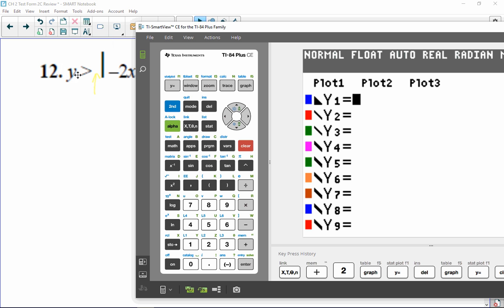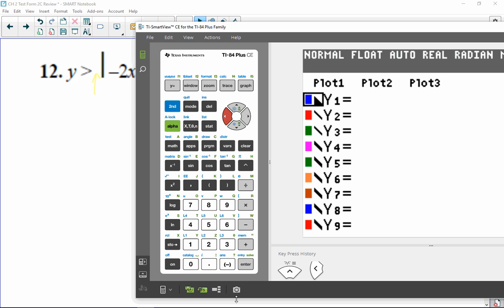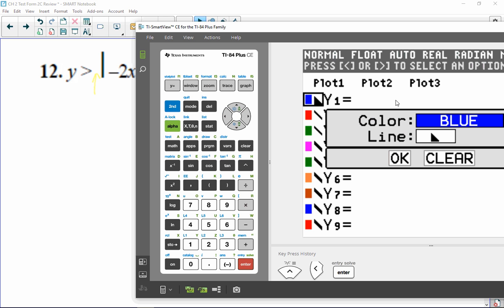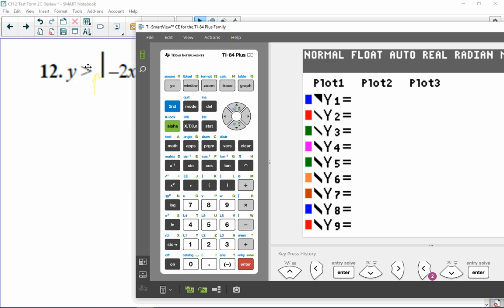It's pointing to the right, so it needs to be greater than. Okay, so I got to flip this, right? Hit enter, till it's facing up, because I'm going to shade above. All my Y's are greater than whatever's on the right. Go back here.